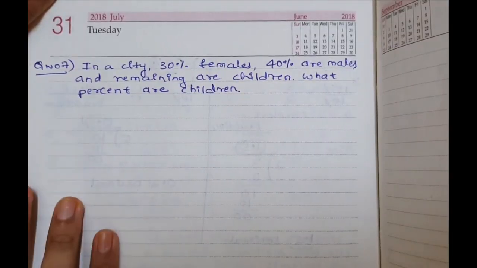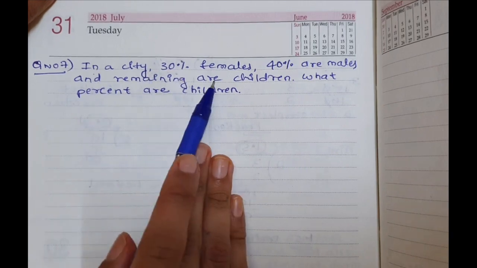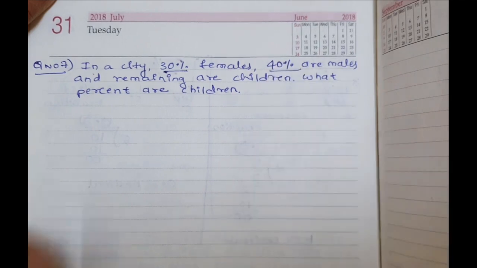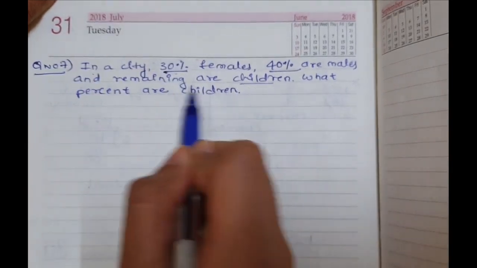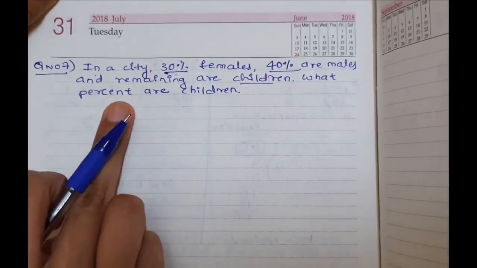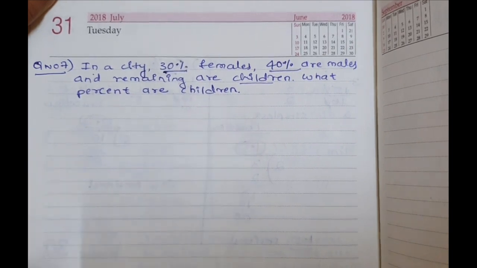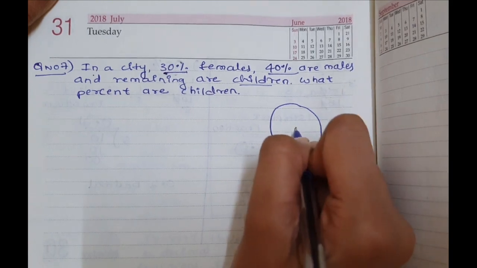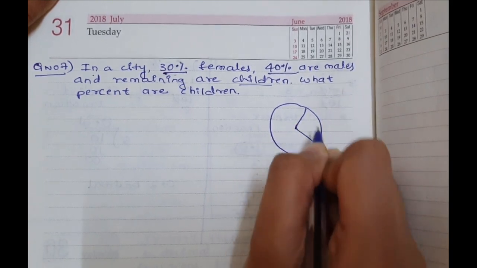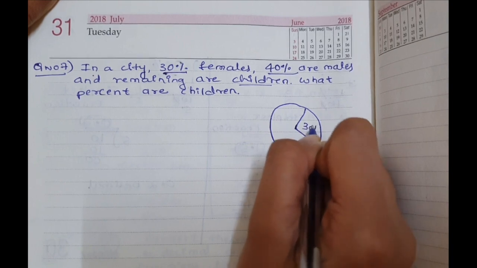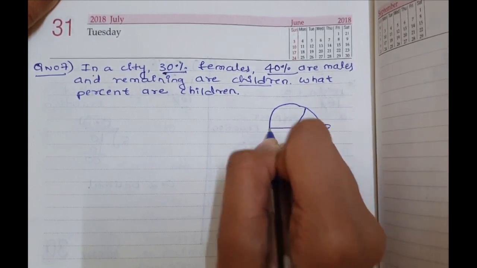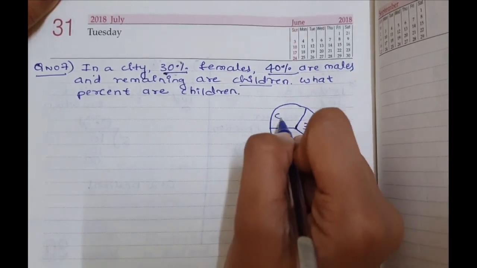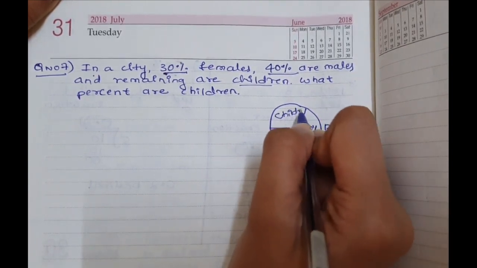Now let us solve for the 7th problem. In a city, 30% are females, 40% are males, and the remaining are children. Now we have to find the percentage of children.